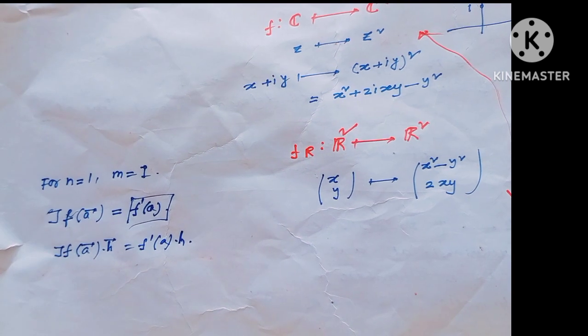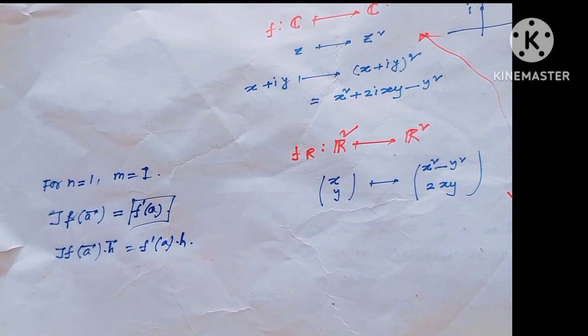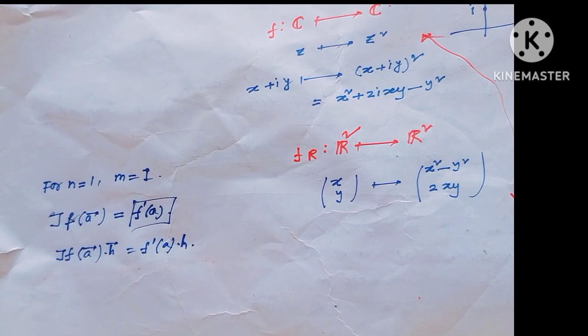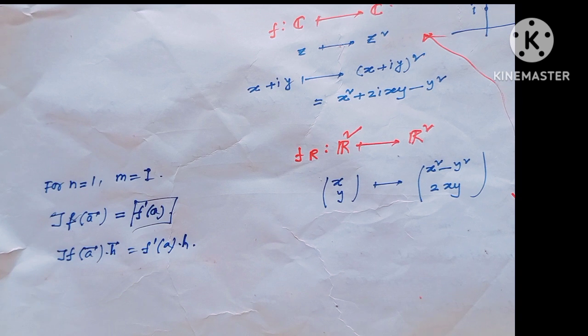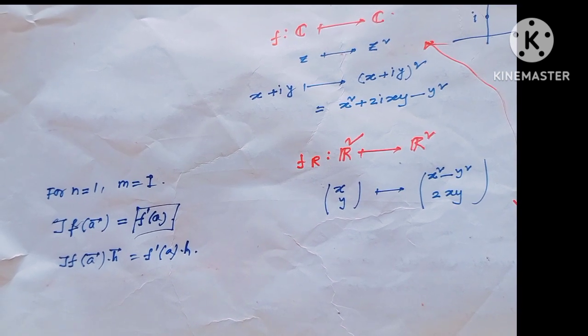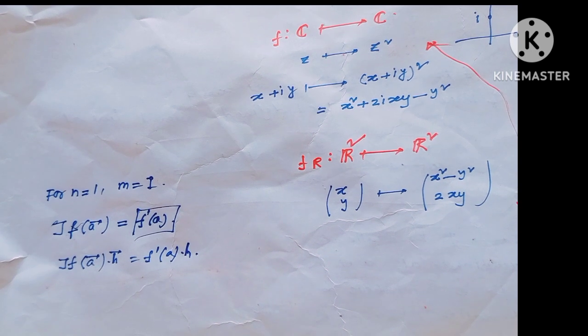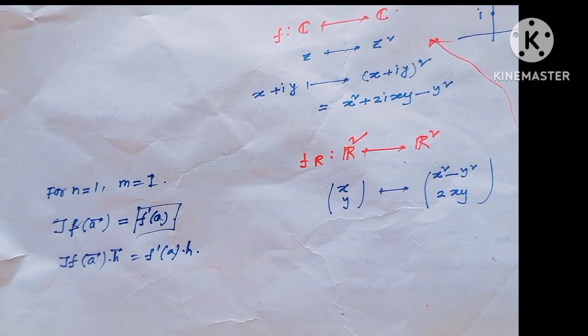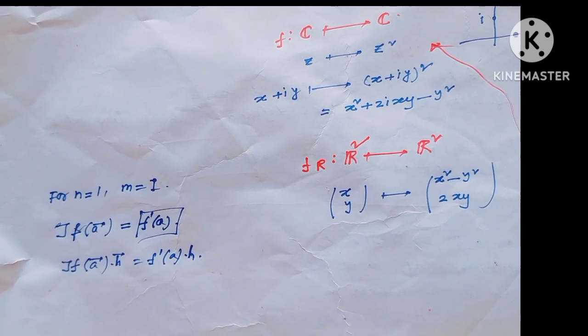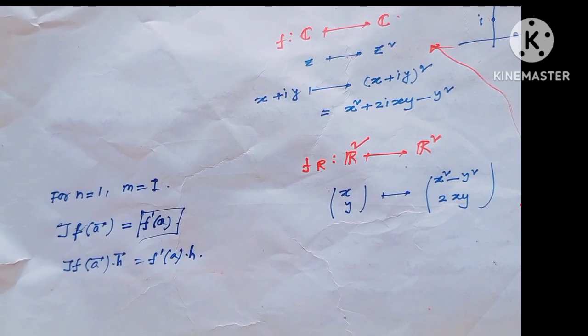As an example, I will consider R2 to R2, because my goal is to see what differentiability is in complex analysis. I will see the relation with calculus, but our goal is actually to compare everything with complex analysis.